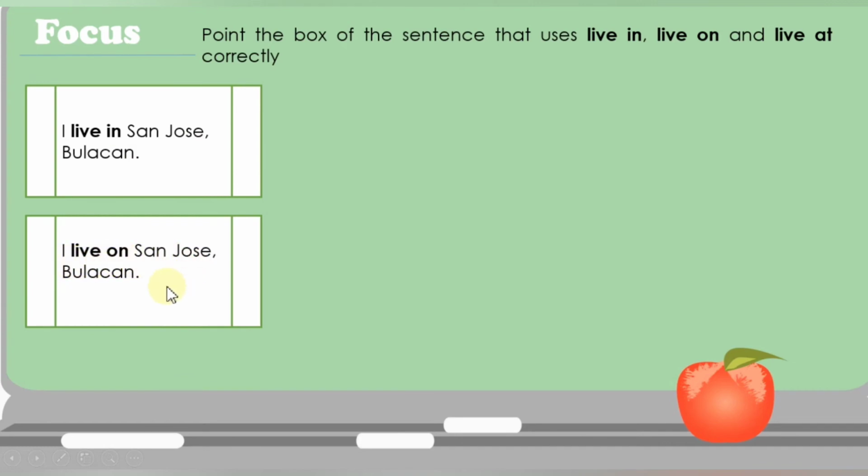Which one is correct? The correct one is I live in San Jose, Bulacan. Why? Because San Jose is the name of a town and Bulacan is a province.